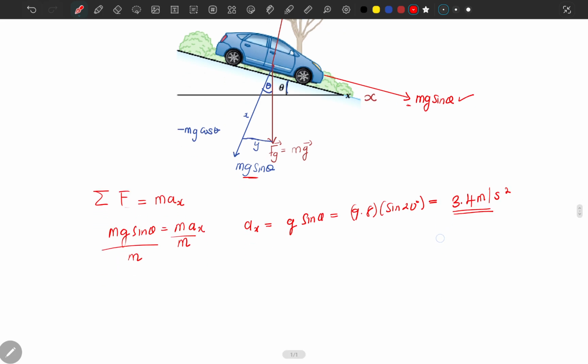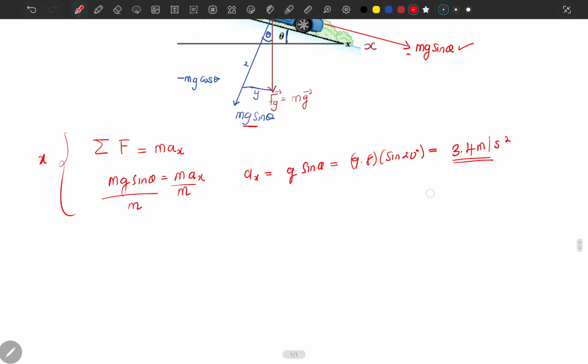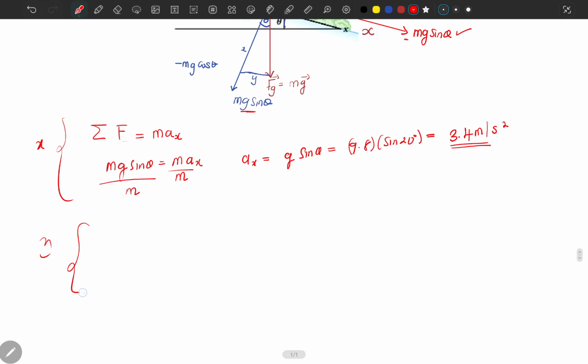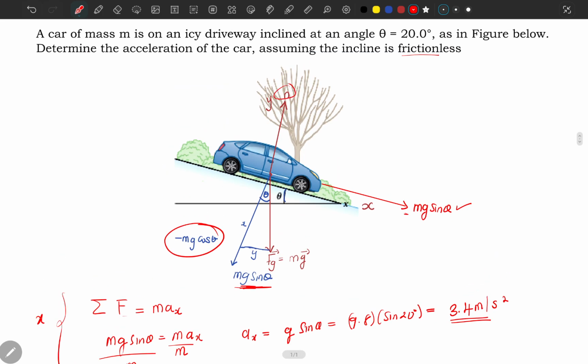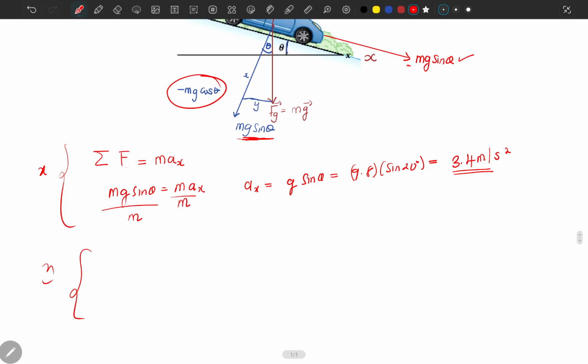Now, just a bonus. Have you seen the forces in the Y? These are the forces acting in the X, giving us that acceleration. What about in the Y? How would you resolve them? In the Y, we have this and the normal force. Do we have acceleration in the Y? No, acceleration in the Y is 0. So where you put ma, in the Y it is 0.